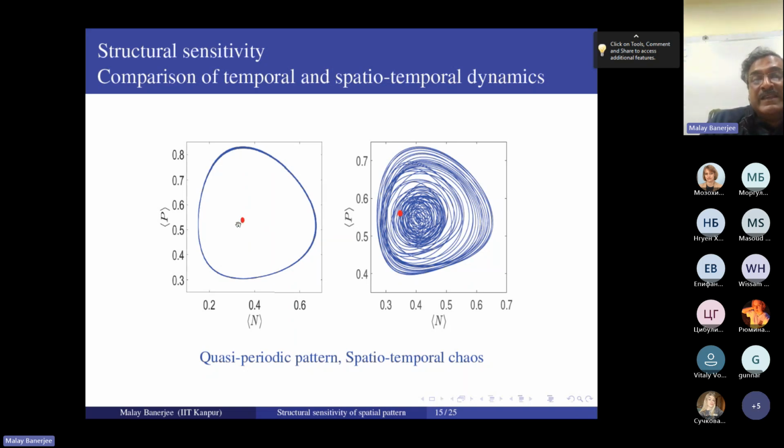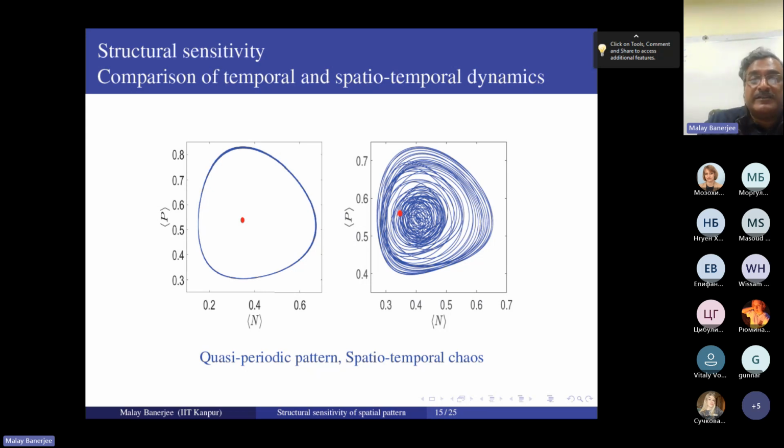So you can see in this case, the spatiotemporal distribution is encircling the equilibrium point of the corresponding temporal model. Even for spatiotemporal chaos, this chaotic distribution of the solution trajectory is around the homogeneous steady state, and this is a significant difference if we compare the spatiotemporal pattern for the model with Holling type 2 functional response and the model with Ivlev functional response.